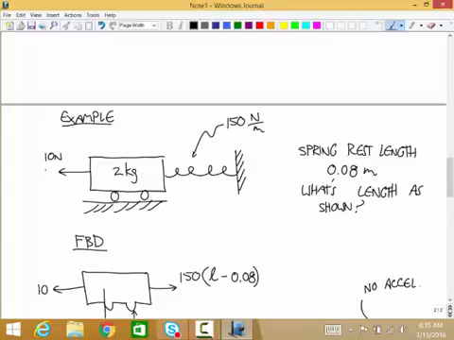If you apply a certain force to it, you get an instantaneous change in length. And so as long as the force is a set thing, the length is a set thing, and so you can't have any velocity or acceleration. Does that make sense? Okay.